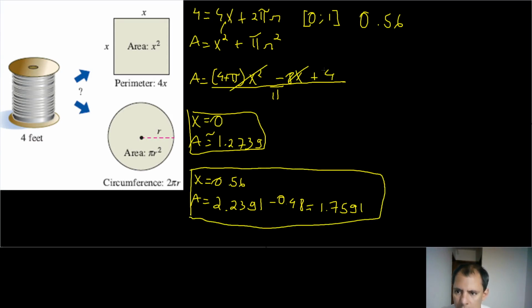Okay. So I see that if I use an x of 0.56, it's going to be a larger area than just 0. Which is really strange, because it shouldn't be like this.